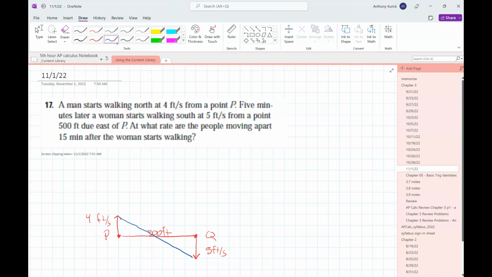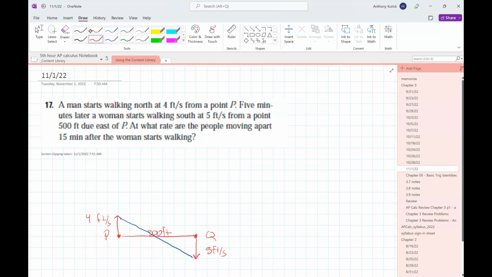All right, let's start constructing here what we know. Let's think for a moment, what kind of an equation do you suppose we're going to be using in this?